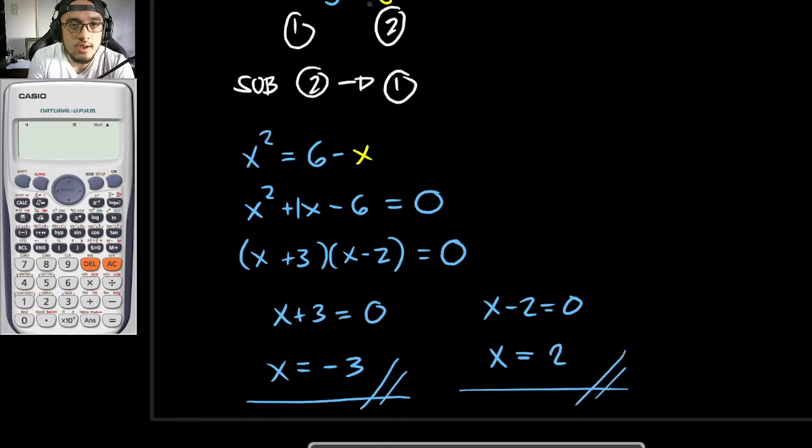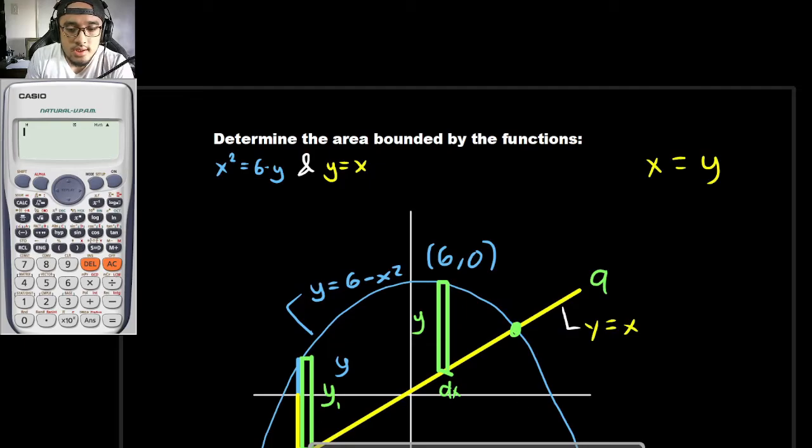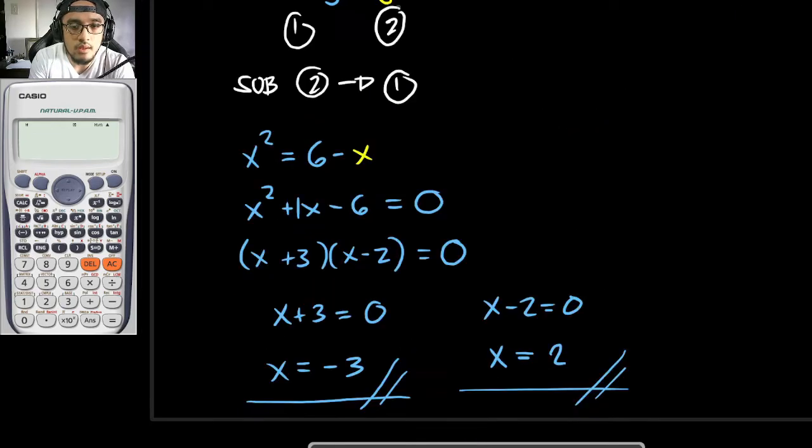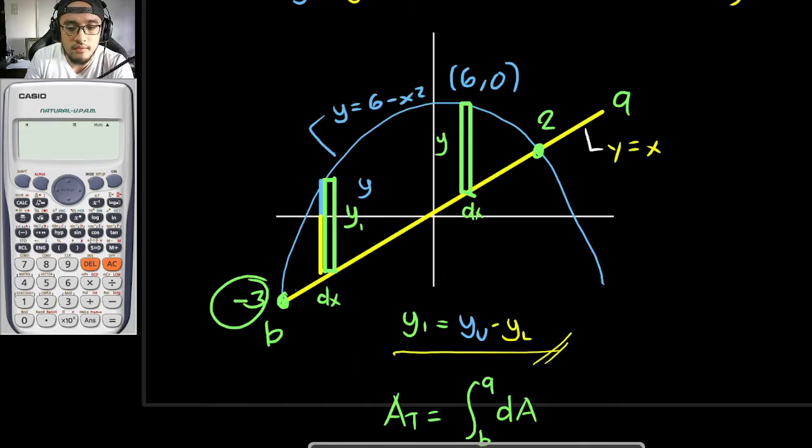So this limit right here is negative 3, and this one right here is positive 2. That is the value of our x.